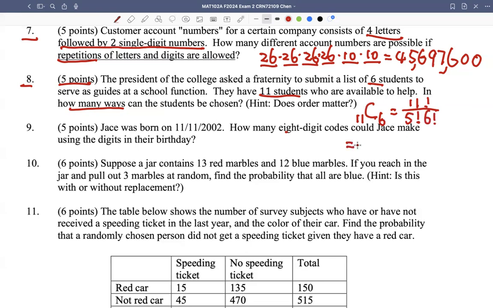So we want to rewrite 11 factorial as 11 times 10 times 9 times 8 times 7 until 6 factorial. Then 5 factorial, we want to write as 5 times 4 times 3 times 2. We don't really have to write times 1 because multiplying by 1 doesn't do anything. Then multiply by 6 factorial. Well, 6 factorial divided by itself becomes 1.